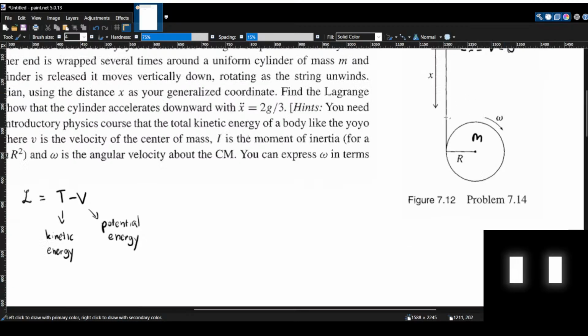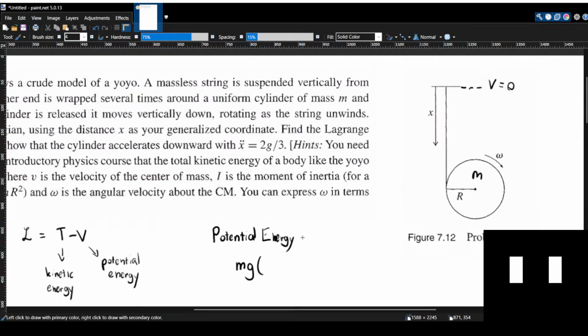Now, as we all know, the potential energy for gravitational acceleration is mgh.